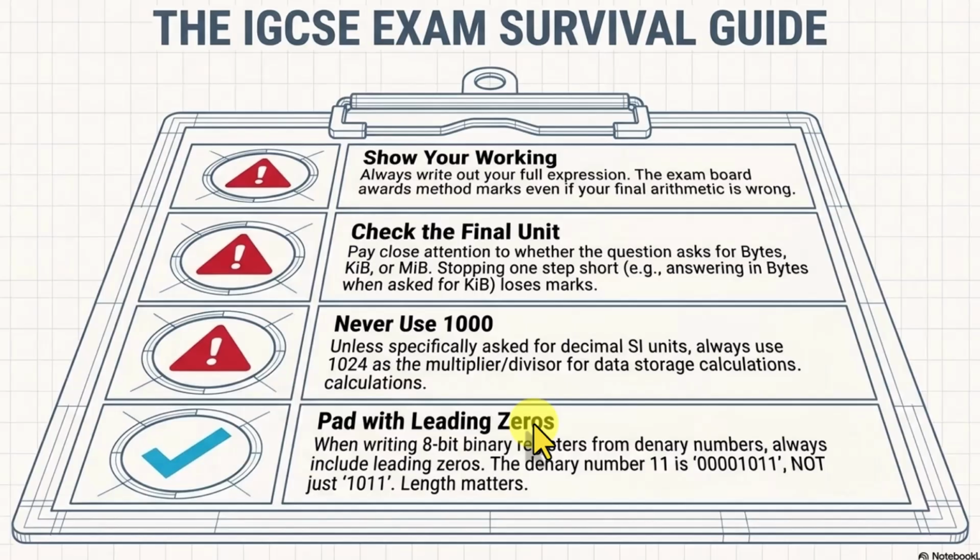So if you are doing any operation and you get fewer bits than that, add some zeros to complete the 8 bits. For example, the denary number 11 is 1 plus 2 plus 8, that is 11, and 4 zeros. Length matters. If you only write the short version, you might lose marks.